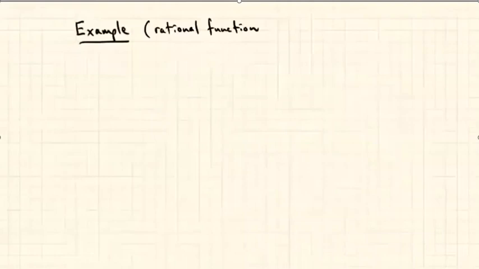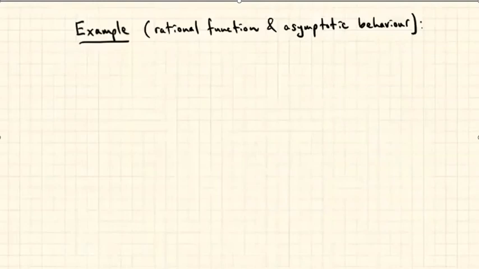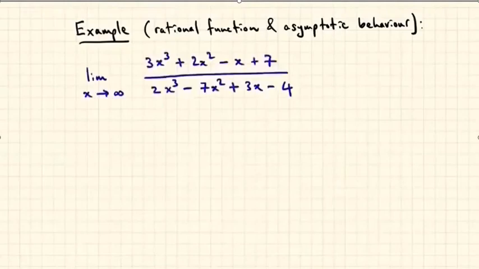Let's look at a more elaborate example involving a rational function, a quotient of two polynomials, and try to deduce some asymptotic behavior by using the limit laws. Here's a complicated expression. We want to see what happens as x goes to infinity.